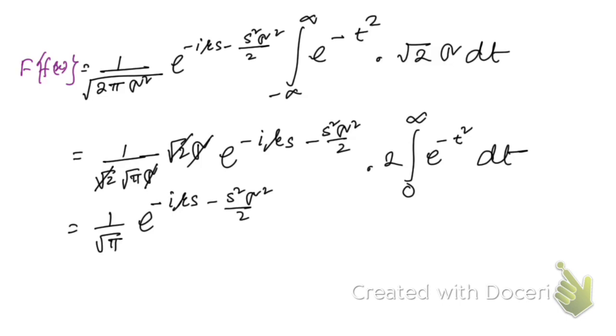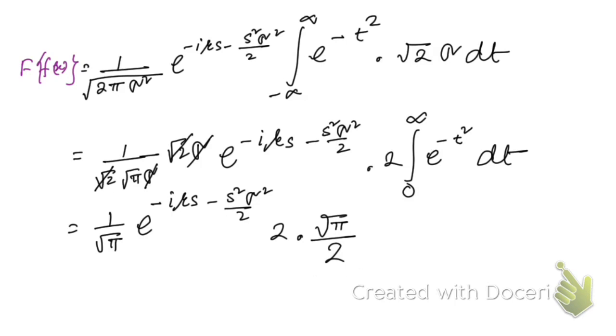Then 2 into the value of this integral is root pi by 2. We have already discussed in the solution of the paper 22, C-8 paper of the year 2022. So if you don't know, let me show you how I have got this one, root pi by 2.